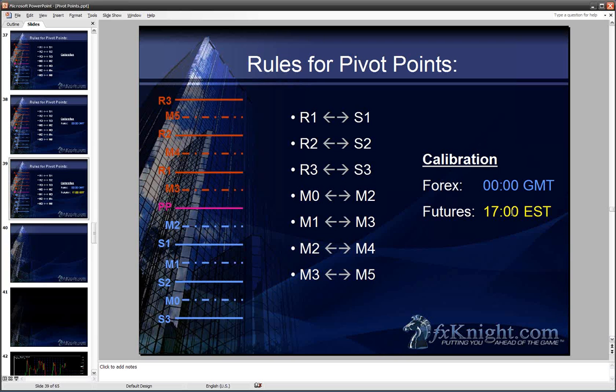So it's convenient. Both of them happen at the same time. 5 Eastern is 4 p.m. Chicago time. So that's true for all futures contracts, stocks and commodities alike. But for Forex, midnight GMT. Simply because I've tried it and it works.